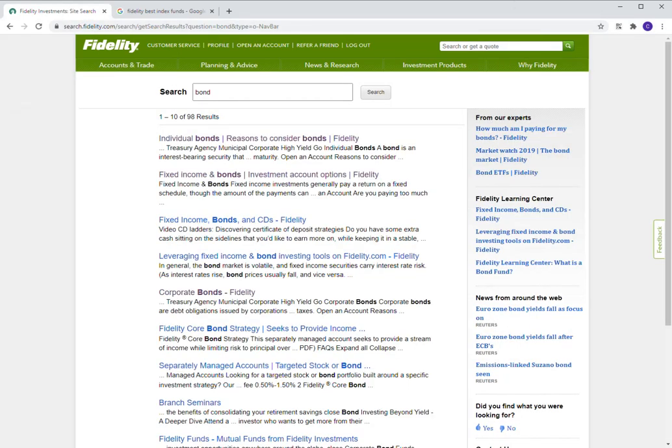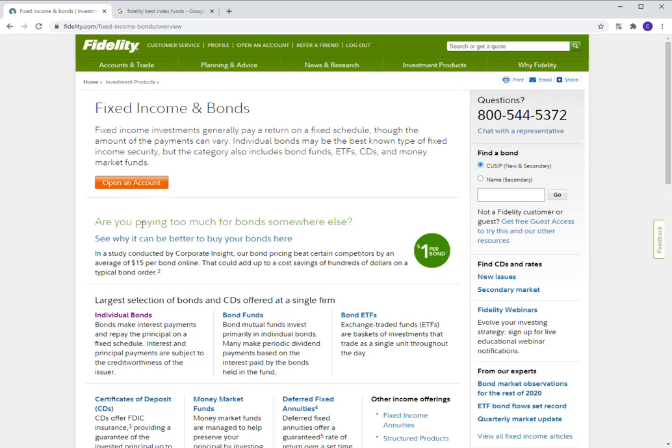Okay, what if you wanted to buy a bond? Admittedly, Fidelity does not make this super duper obvious like they do with stocks, but I was able to find it nonetheless. So you'll go up here to your ticker and just type in bond, and that'll take you to the search. Here we see fixed income and bonds. We'll give a click.